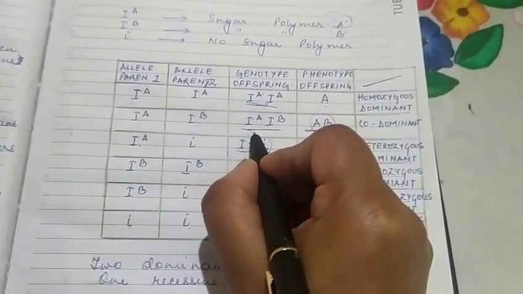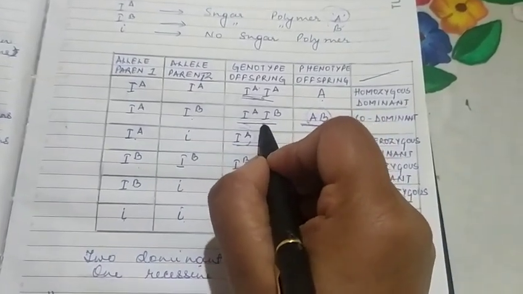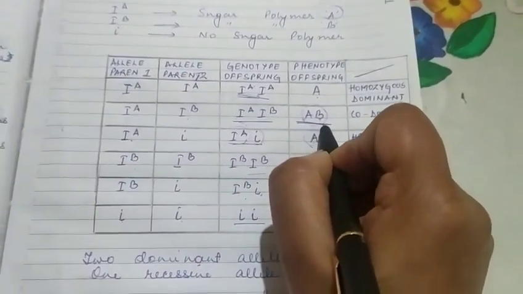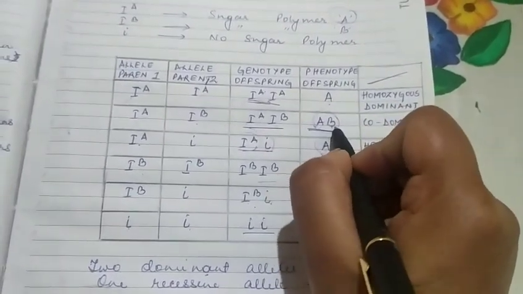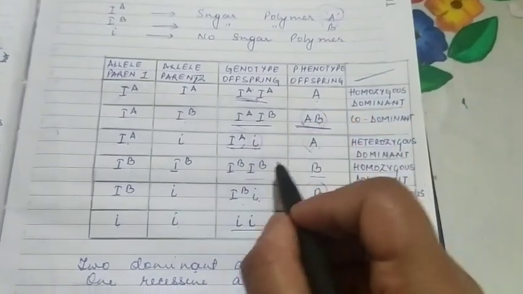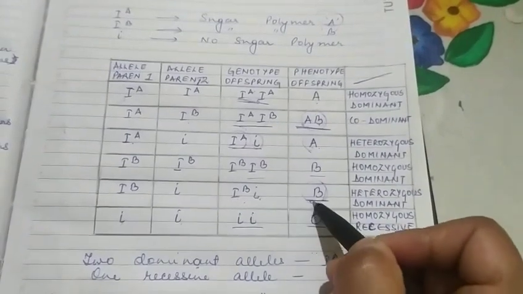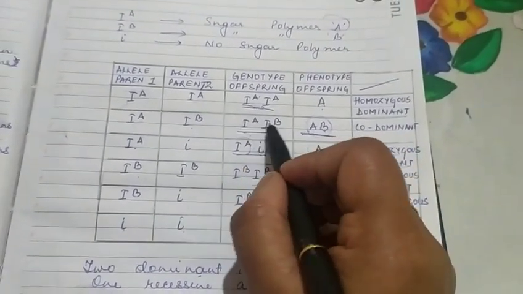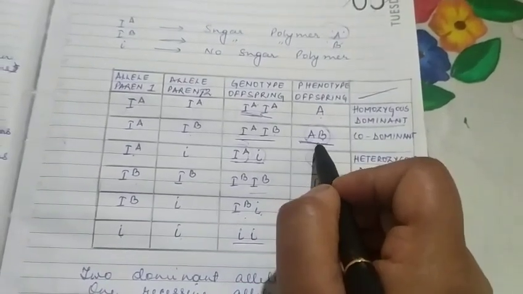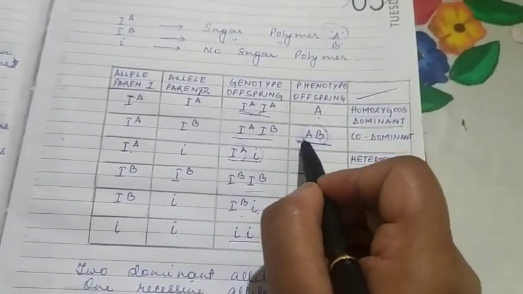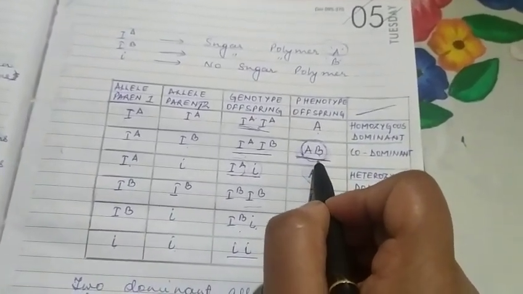Then coming to the third type, IA, IB, when the combination came, the phenotype expressed both the polymers A and B. We know A is dominant, and B is also dominant. So when these two dominants come together, both express themselves. Both are expressing, so we get both traits in the same individual, in the same cell.